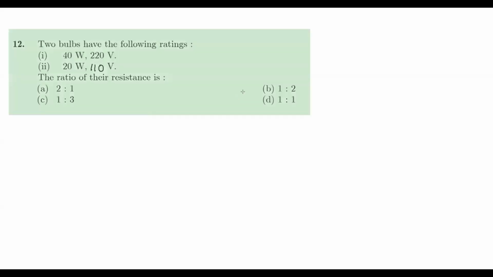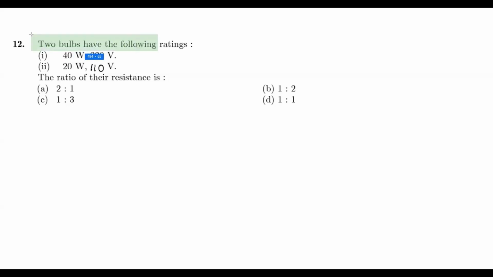The next question I can see is from electricity. It says two bulbs having the following ratings are given here, and we have to obtain the ratio of their resistance. So for that, I'm going to use this relation P is equal to V square by R. So that implies R will be V square by P. So let's obtain R1 here.